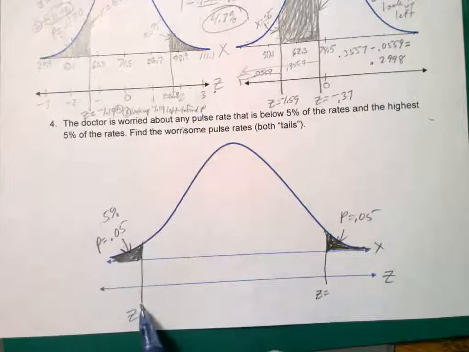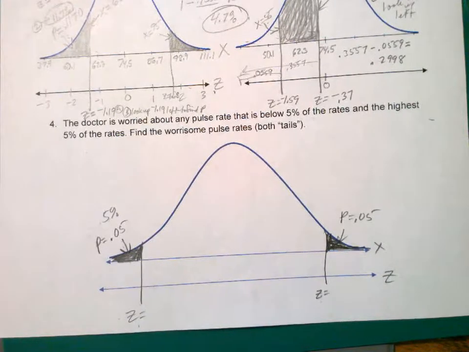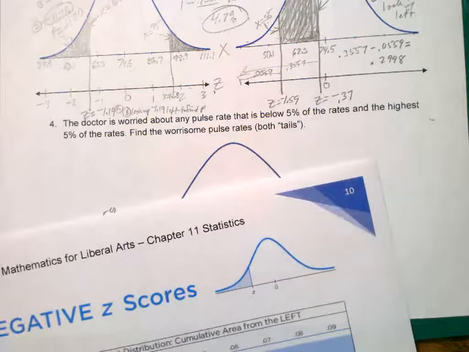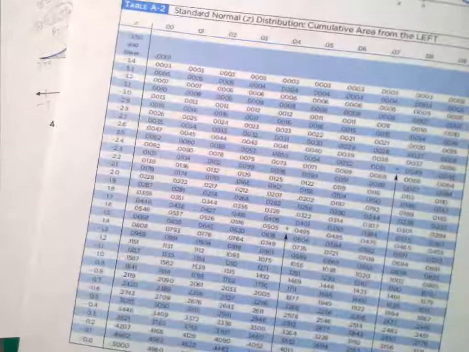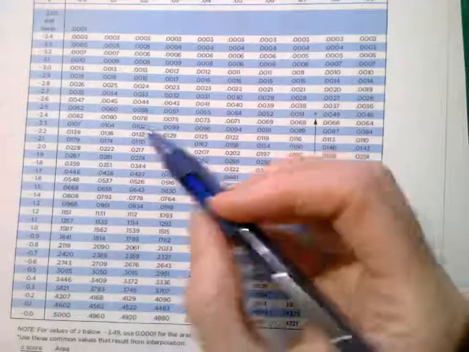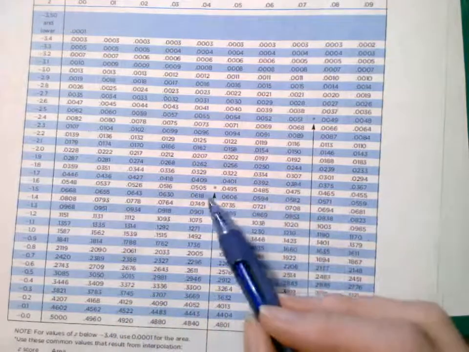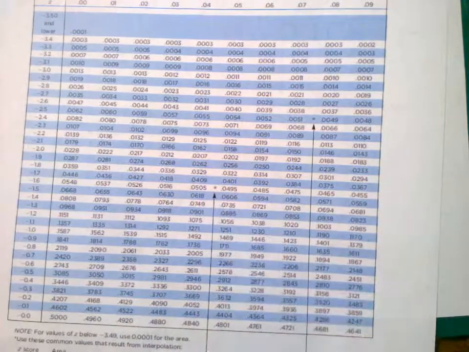If there's exactly 5% here and 5% here, this is the easiest one here. To the left of this would be 0.5. So that's a negative 0.05. 0.05 is in the middle.